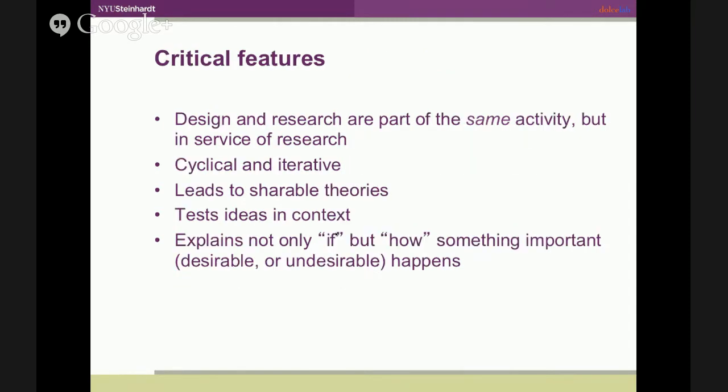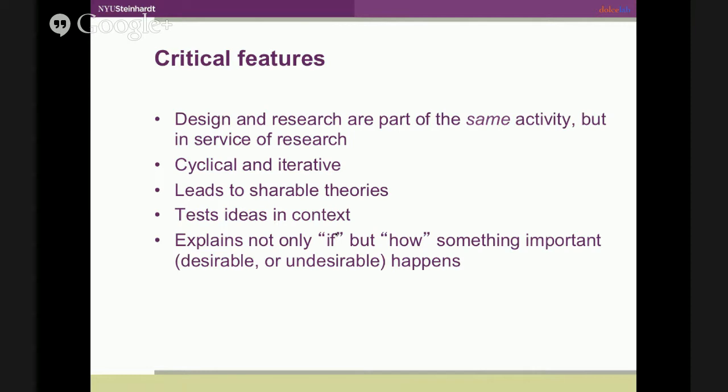Some of the critical features of DBR, in my point of view, and to some extent others, one is that the design and research aren't sequential but are integrated, and that research is the predominant goal. It's cyclical and iterative. It leads to shareable theories, not just products. That ideas are tested in context, and we can talk a little bit more about how that works once we get to the SpeakEasy example.